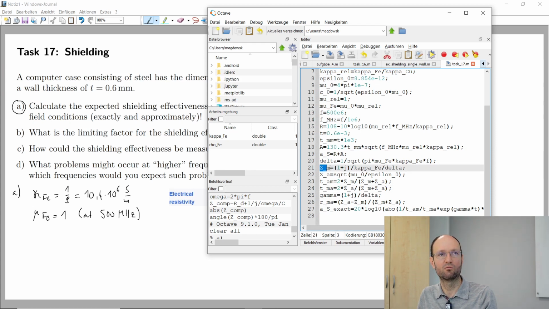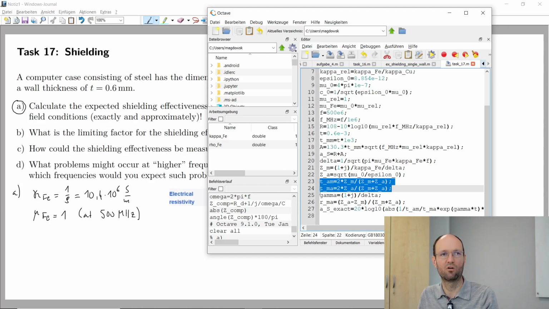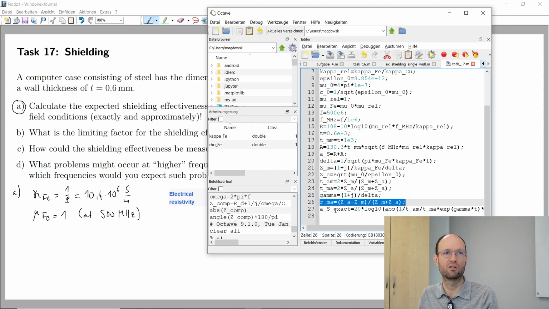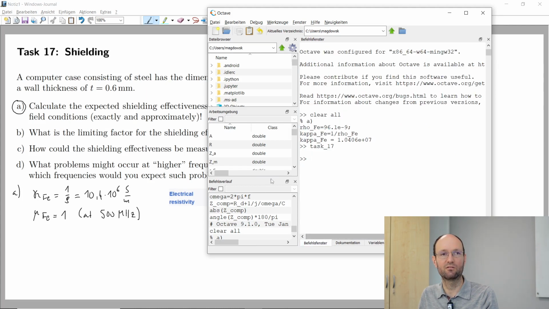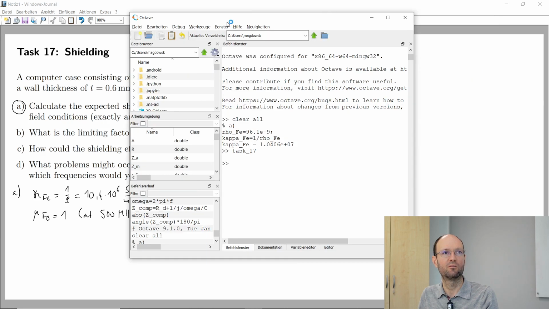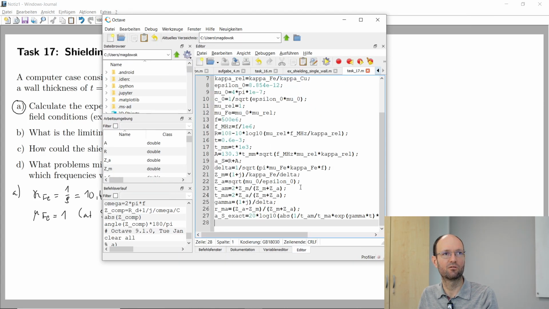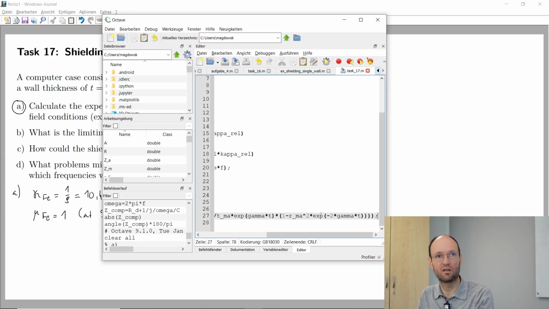And right, then we calculate wave impedance in metal, wave impedance in air. From this we calculate these transmission coefficients as in the task before, our propagation constant, the reflection coefficient, and then the exact shielding attenuation. And so let's just run this and take a look at the result. And I need to, I think, comment all this stuff here in so that we see the results. And the total one and then the exact result.